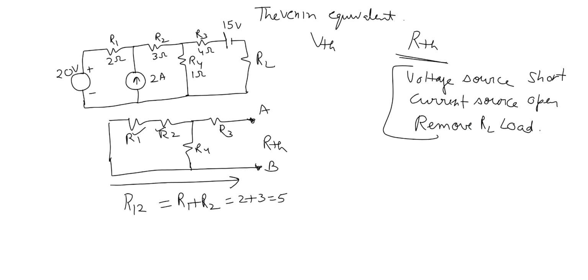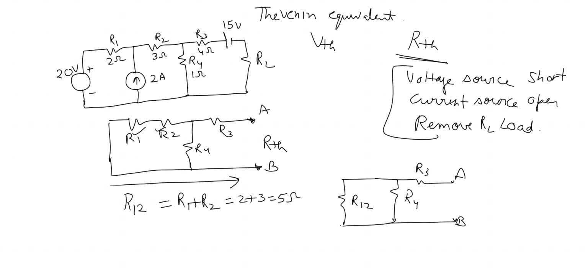And you redraw the circuit. Now you can see easily that R1,2 and R4 are in parallel. So the R1,2,4 combination will be R1,2 parallel to R4.